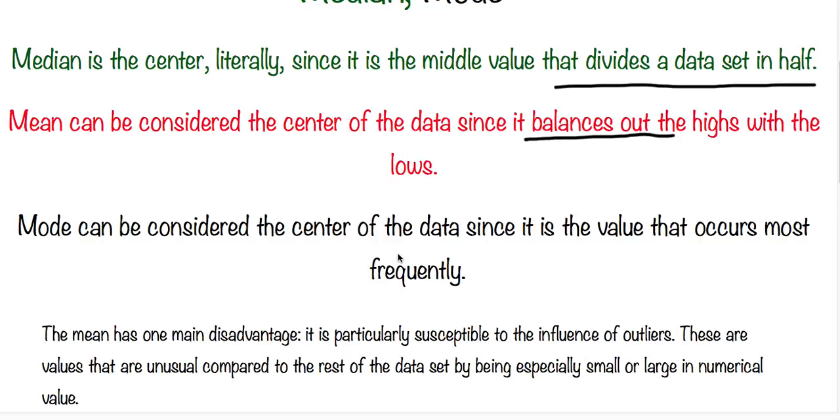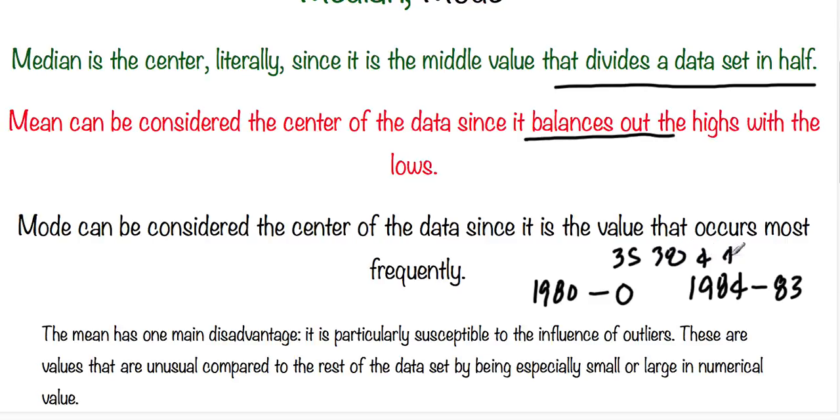the gold medal example a few lessons back. If you notice in 1980, okay, if you still remember, 1980, the United States has 0 gold medals. In 1984, the United States had 83 gold medals, but the rest of the values of the rest of the data are around 35, 38, 41, 42.